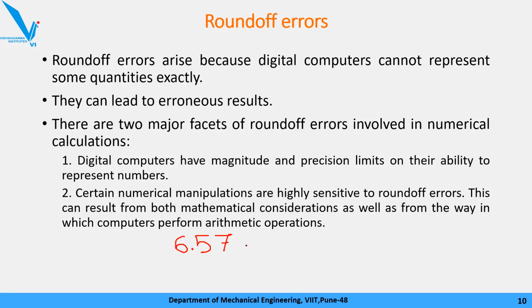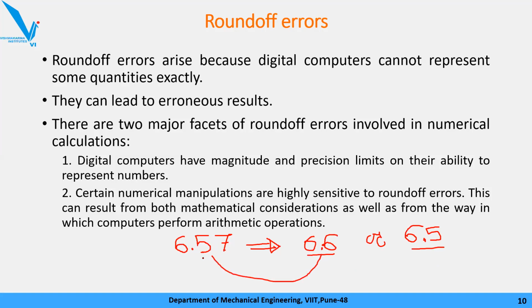At that time I can take this number as 6.6, or I have another option, that is 6.5. Now both options are useful and normally used. The first option came due to rounding off.